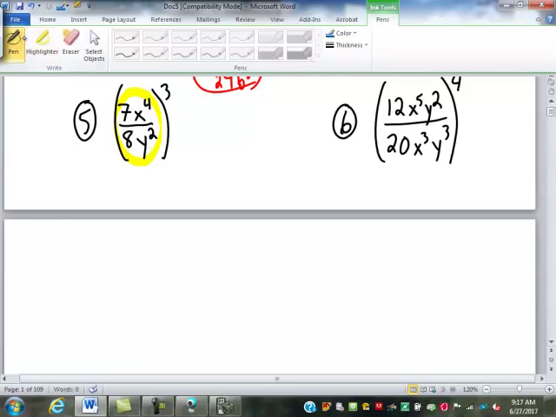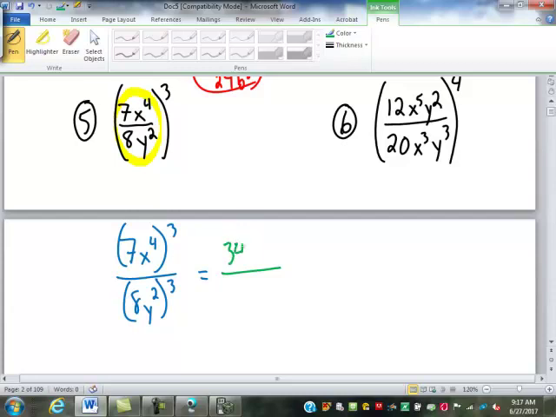So the next step, like we saw with our numerical fraction, when a fraction is raised to a power, that's just taking the numerator to that power and the denominator to that power. So now in the numerator, 7x to the fourth to the power of 3. What is 7 to the power of 3? 343. Very good. X to the fourth to the power of 3? X to the 12. Very good.